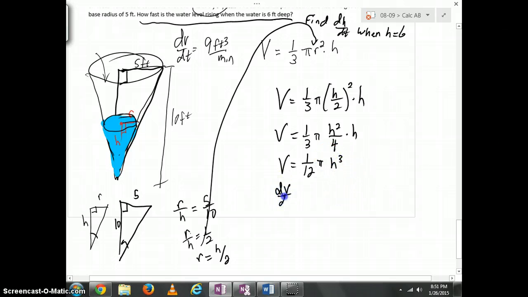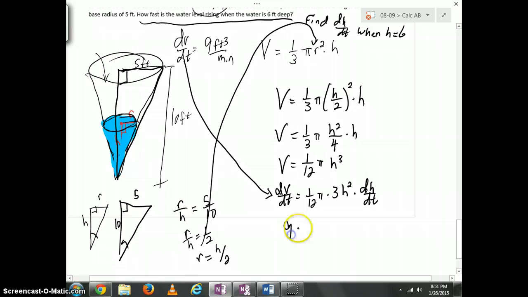Taking derivatives with respect to time, we'd have dV/dt. And we'd drop down a 3 here. Here's an h squared. And don't forget, we need a dh/dt. Now our dV/dt, we know, that's 9. And here we could even cross out a 3 and a 12 to get a 4. We've got 1/4 pi.